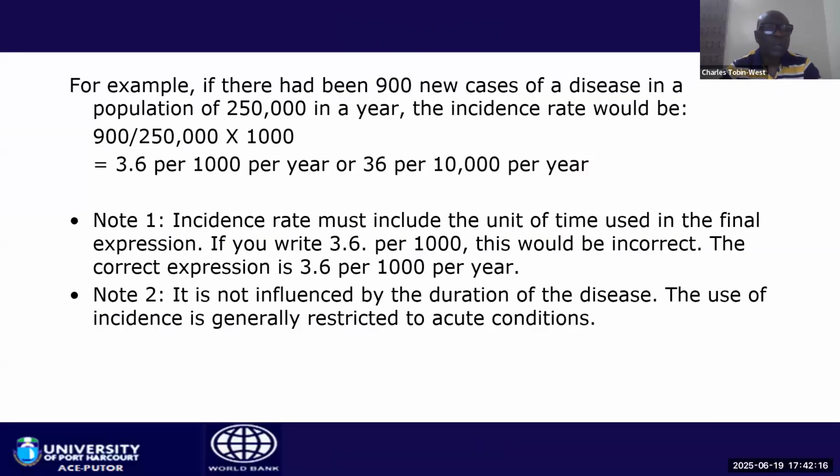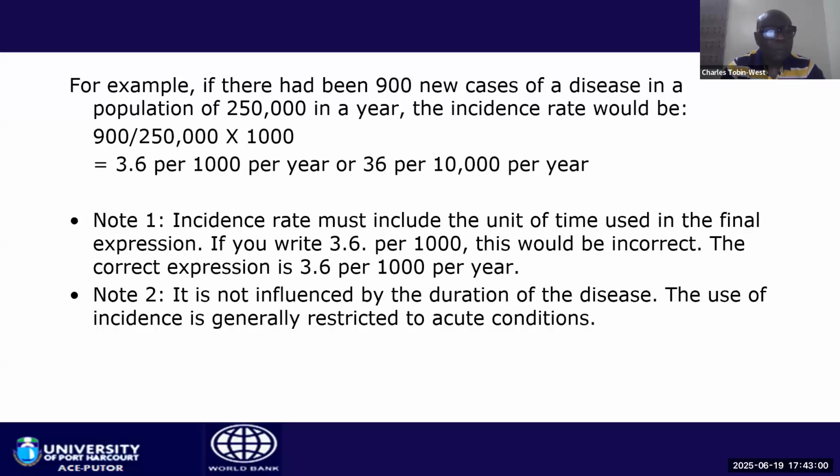New cases of disease. For example, if there had been 900 new cases of a disease in a population of 250 in a year, the incidence rate would be 900 over 250 times 1,000. If you calculate it, it will give you 3.6 per thousand per year, or 36 per 10,000 per year. If you remember, I told you that it's either 100, 1,000, 10,000, 100,000, a round figure.